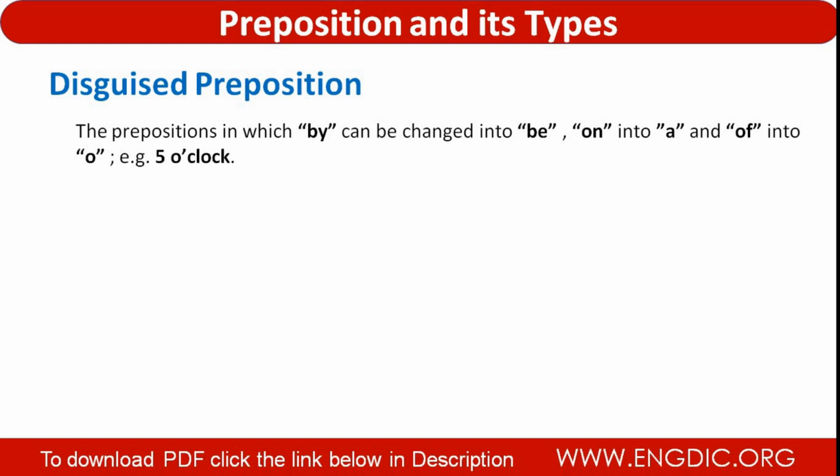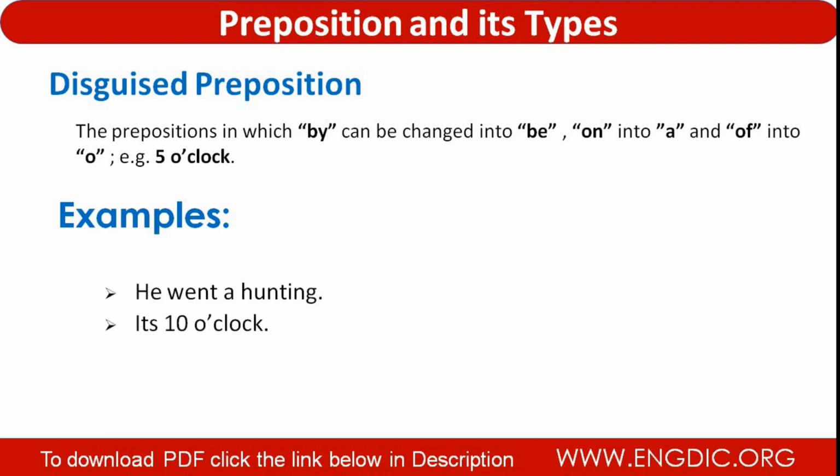When a preposition acts in a disguised way, it is a disguised preposition. Some sentence examples are: He went a-hunting. In this sentence, a is used in place of on. Number 2. It's 10 o'clock. In this sentence, o is used in place of of.